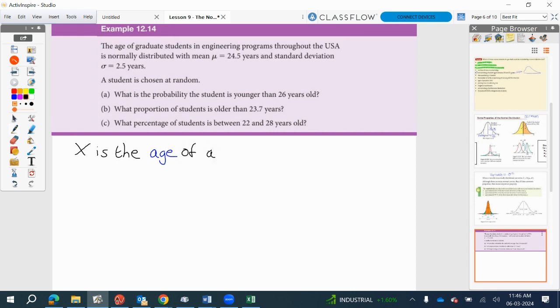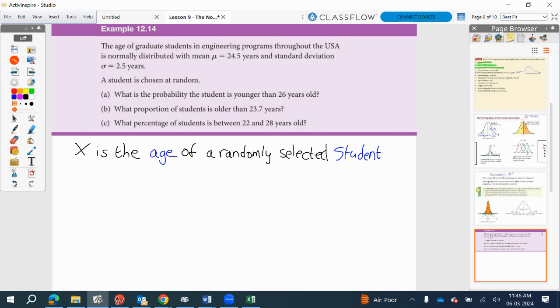So when defining your x, it's easy on this one. X is the age, height, length of a randomly selected student, fish, cow, whatever, apple.